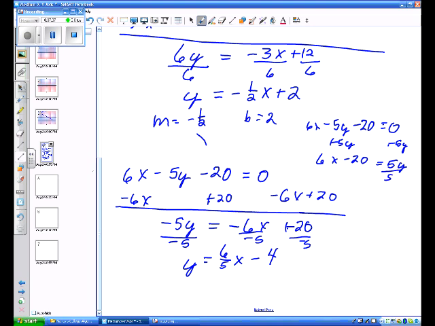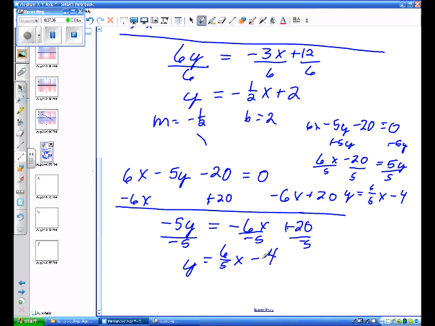Then dividing everything by 5, you can see we're going to get the same answer, 6/5 x minus 4. And if you don't like the y being on that side, you can use what's called the symmetric property and just switch it around. If that equals y, then y equals 6/5 x minus 4. So that would probably be an easier way to do it in one step, is to move the y to the other side and solve.